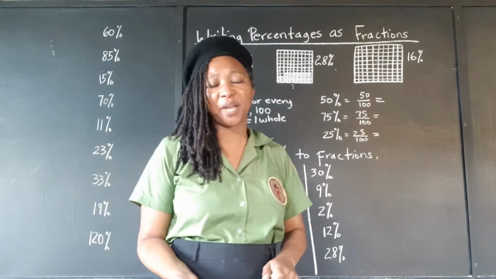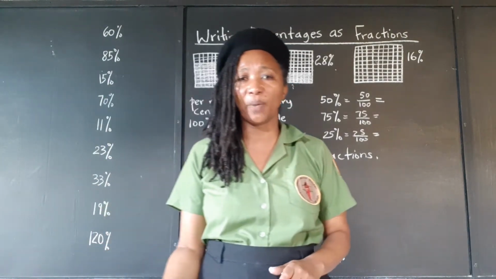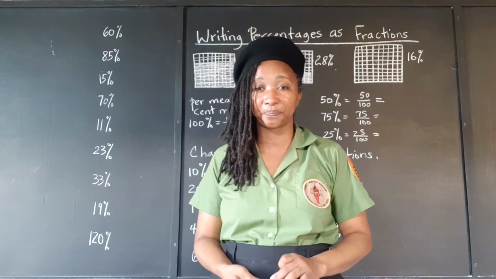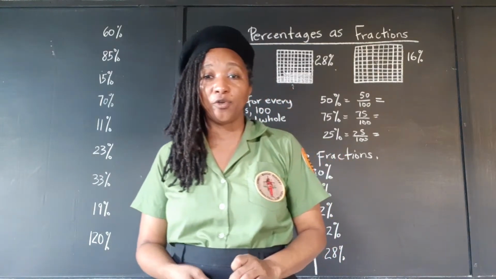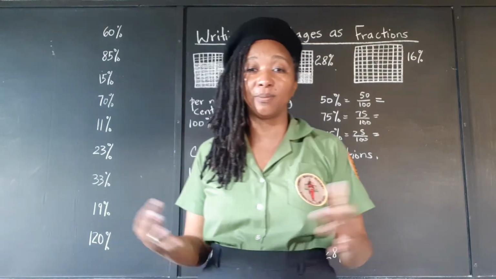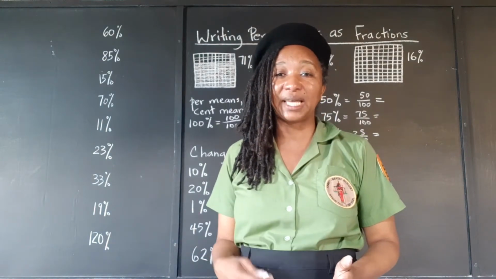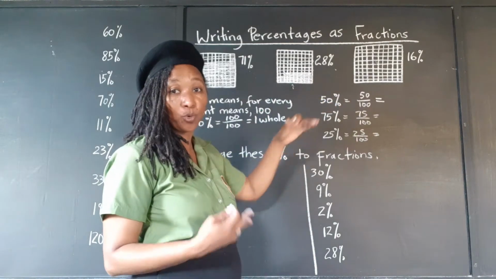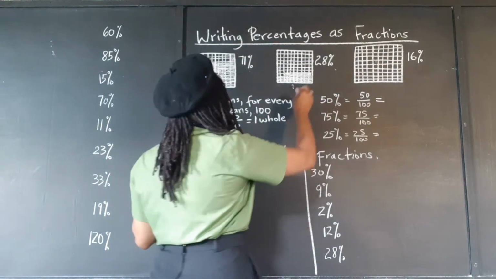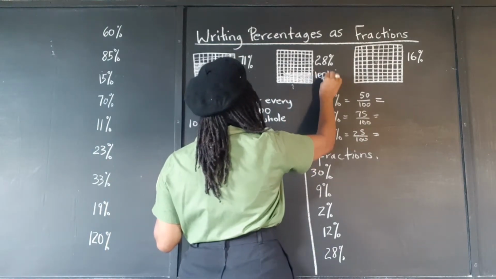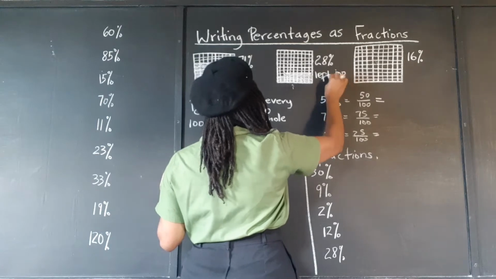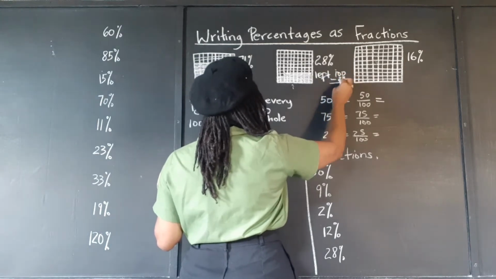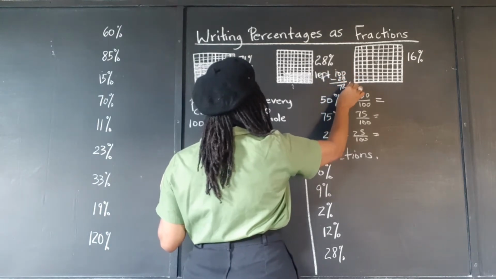So if 28% is taken out, then what percent would be left? If you remove 28% from something, what percent is left? You simply take 28 from 100. So the amount that would be left would be 100 minus 28, which I believe would be 72%.